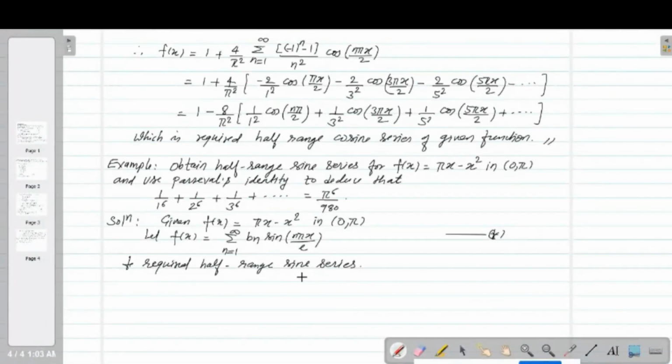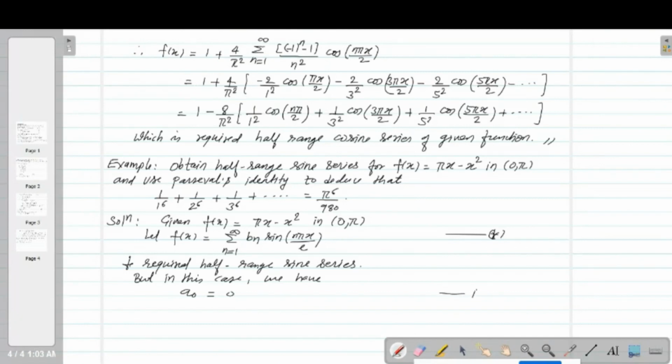Now our job is to determine the Fourier coefficients a naught and an. In this case, a naught is equal to 0.